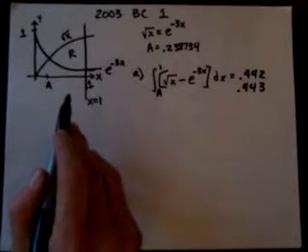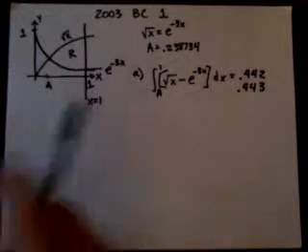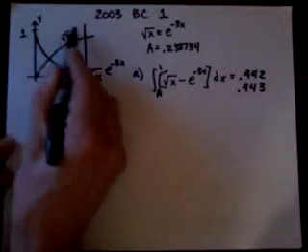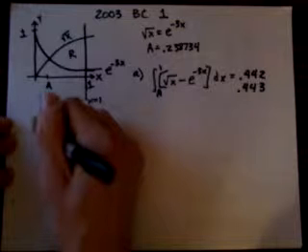The second part of this problem says find the volume of the solid generated when R is revolved around the horizontal line y equals 1. So when it's revolved around the line that goes right across up here. Okay, I'm going to draw a new picture for that.